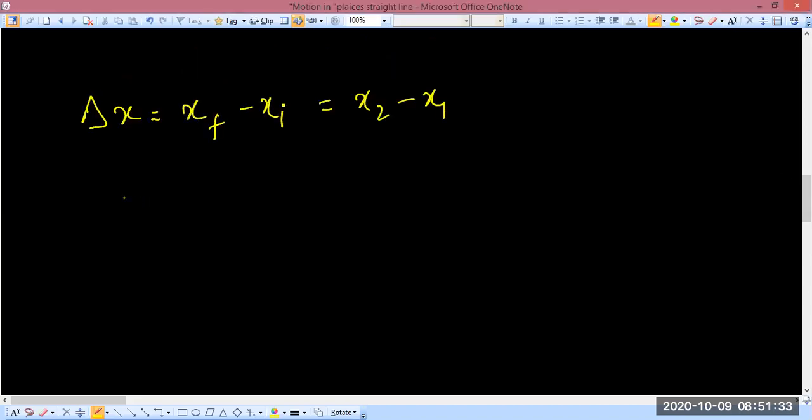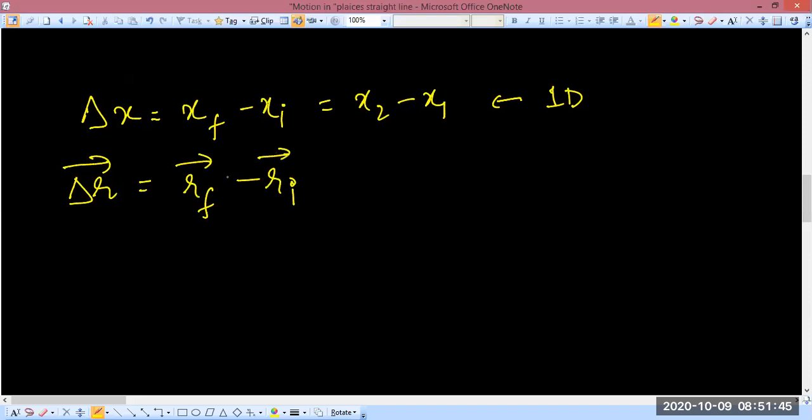See, Nandini, in different situations, we need different things, right? So this is applicable for 1D, correct? Now for 2D, okay, we have to write it like this. So this is equal to, see, you can also write R2 vector minus R1 vector.